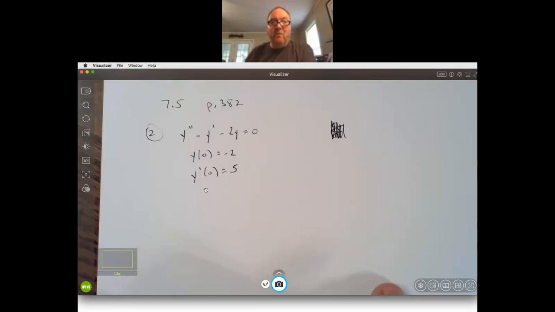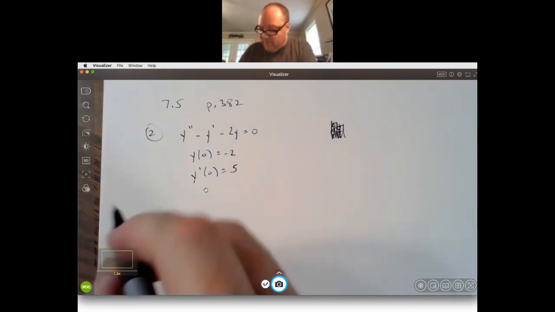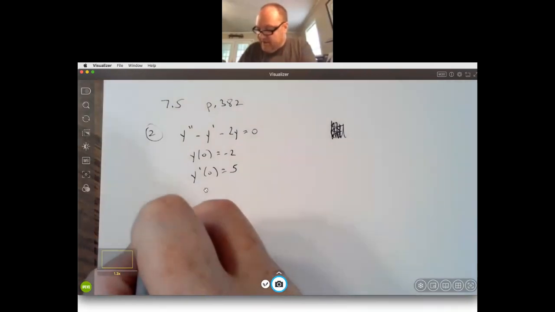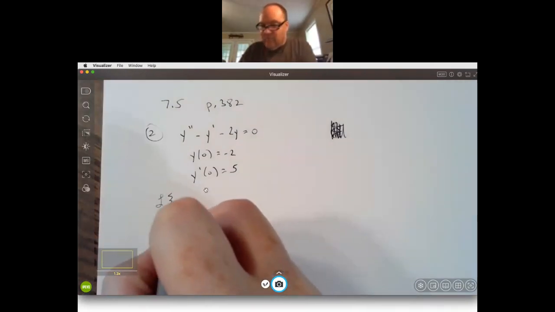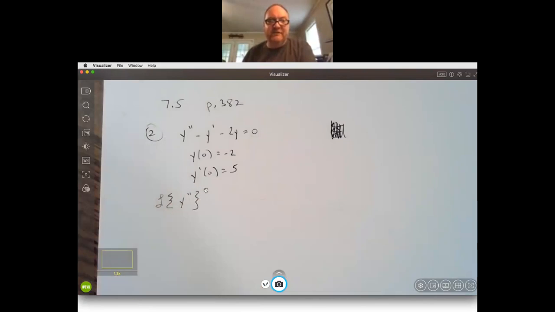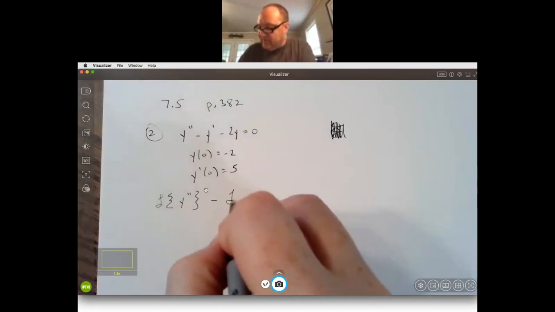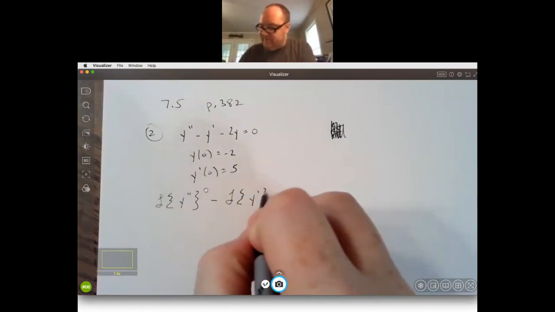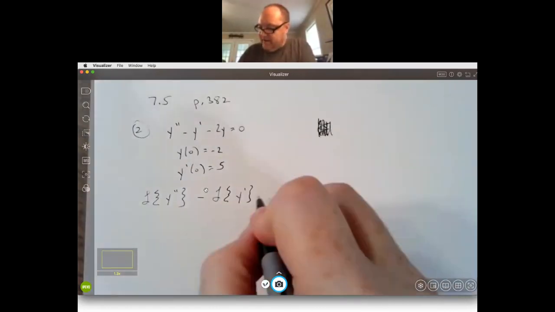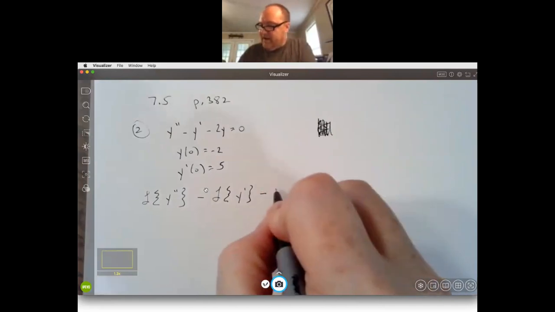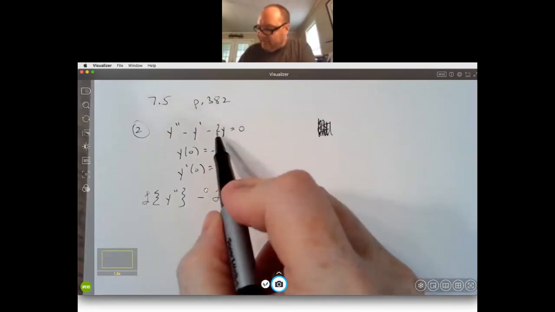All right, so I want to take the Laplace transformation of everything. And I'm going to write it out for us this time. I want to take the Laplace transformation of the second derivative. And I'm just going through this original equation is all I'm doing. The Laplace transformation of the first derivative. And I think I'll go ahead and factor out that 2 if you don't mind.